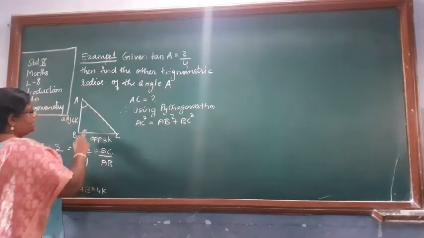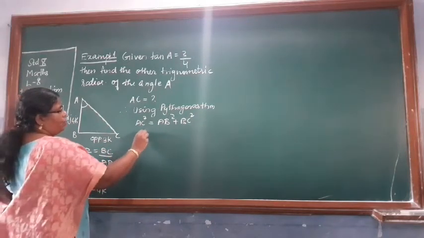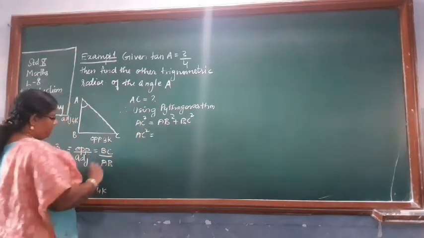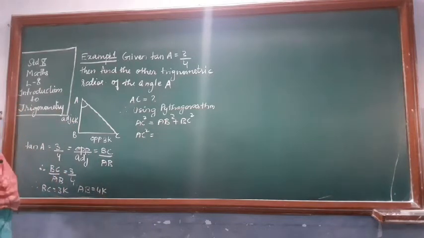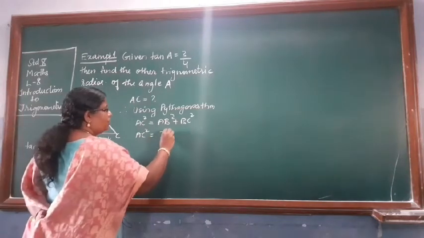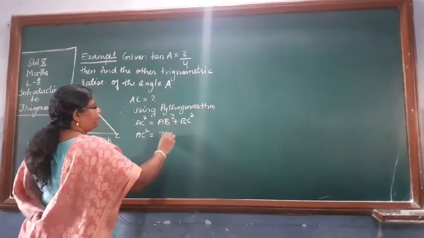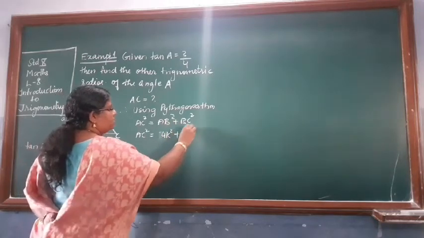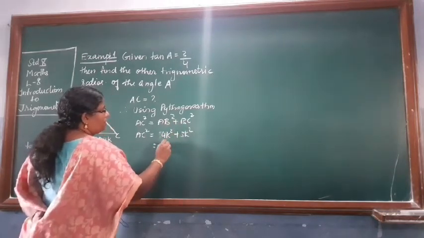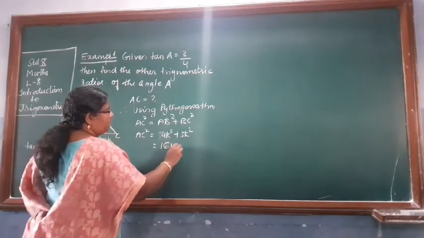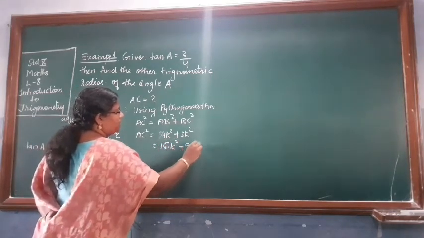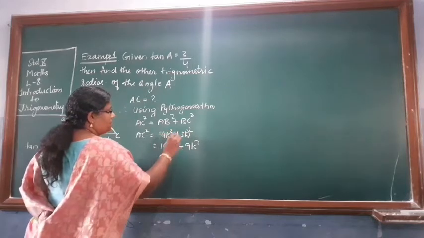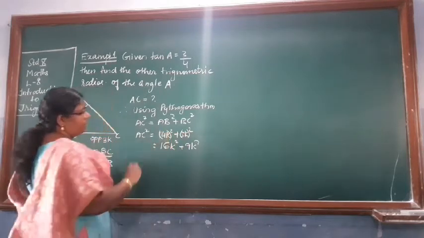AC we do not have, we have to find it, but we have AB, which is 4k, and BC is equal to 3k. So 4k square plus 3k square becomes 16k square plus 9k square. When I say 3k square and 4k square, that means it is this way.